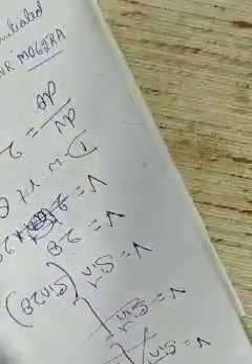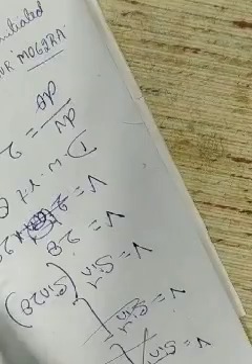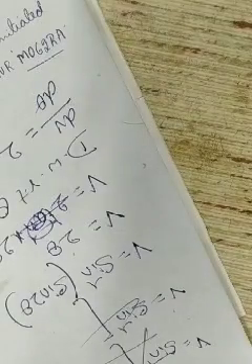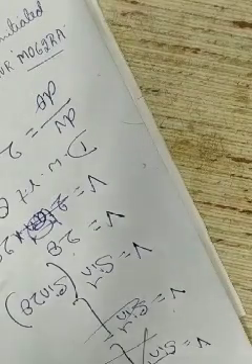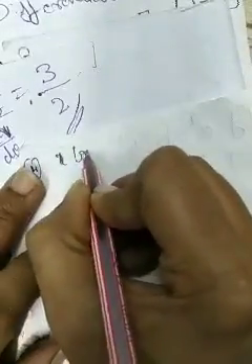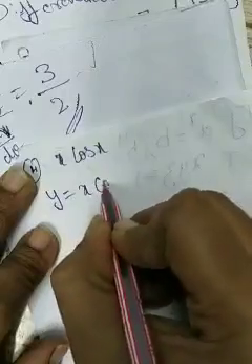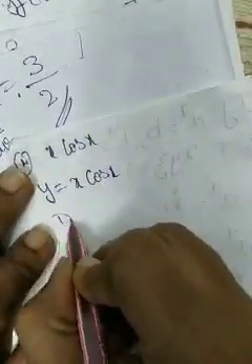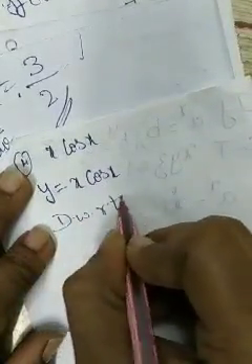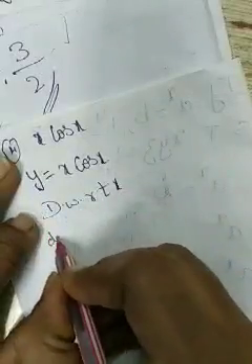Next one, x into cos x. Take the given question as y is equal to x into cos x. Differentiate it with respect to x.